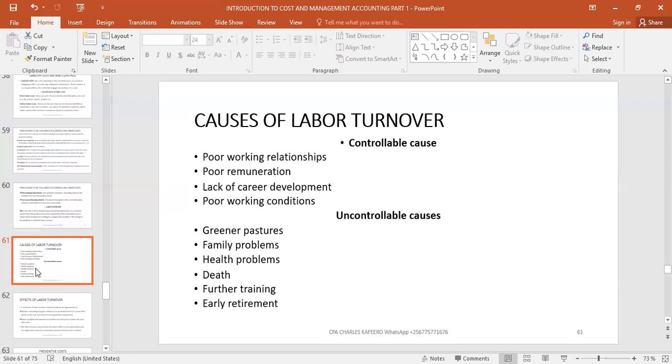Then we can talk about the uncontrollable ones, where the organization has no control over the movement of the employees. The first one we have is greener pastures.